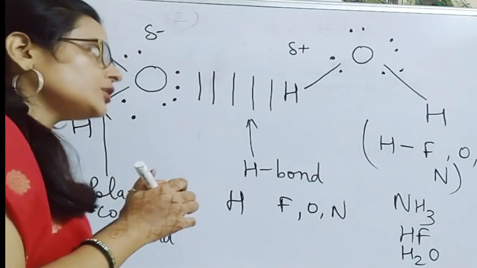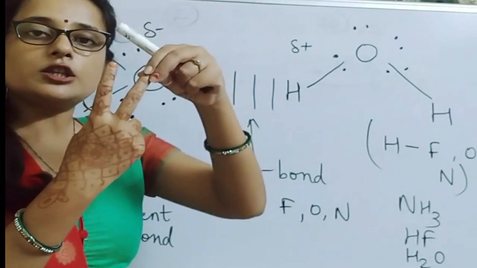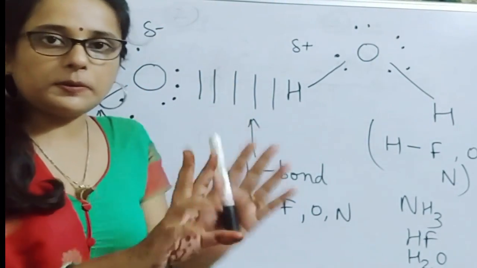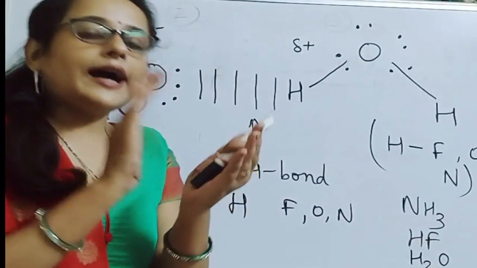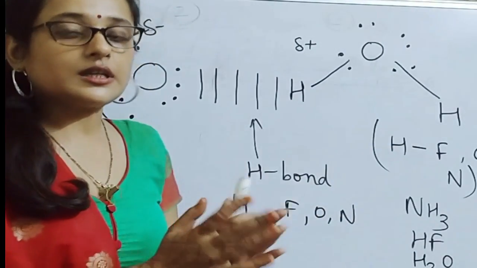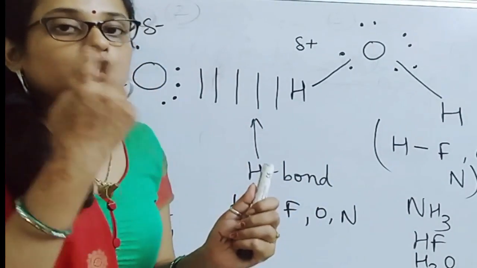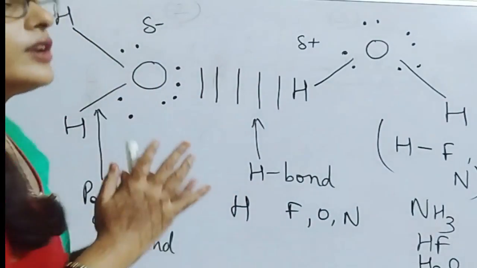So hydrogen bond will be formed in between two molecules in which both molecules will have H. Hydrogen will be present compulsorily in both molecules, and along with H either O, nitrogen or fluorine will be present. And when such molecules come close to each other, then hydrogen bond will be formed.